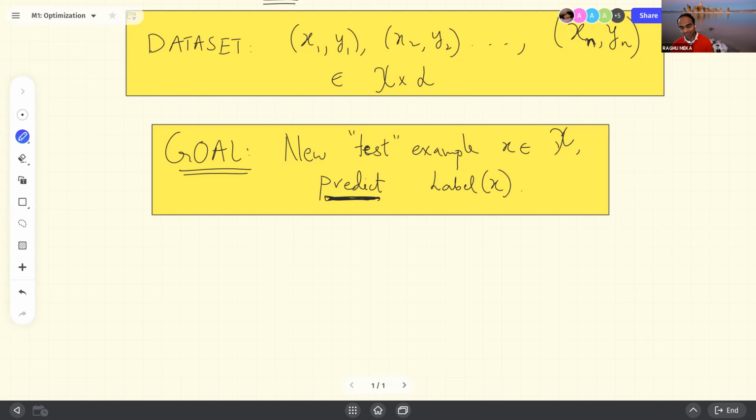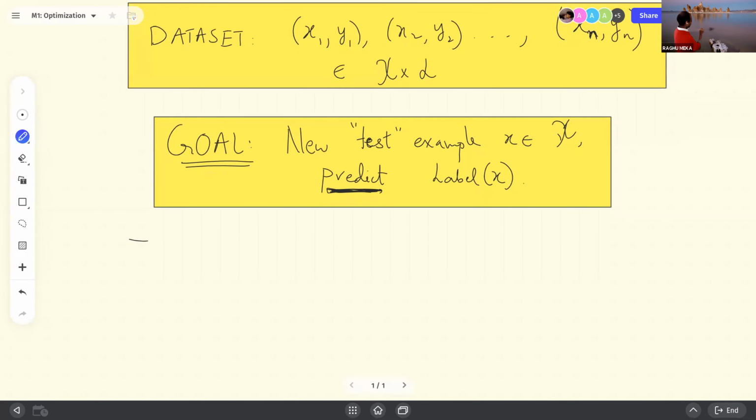I mean, this seems reasonably quantitative, but is this a meaningful question that we can try and start solving? What do you think? If this is my setup, can I solve any problem? Well, there's a huge shortcoming here, right? The test example that I'm saying is coming from the domain could be completely unrelated to my data set.